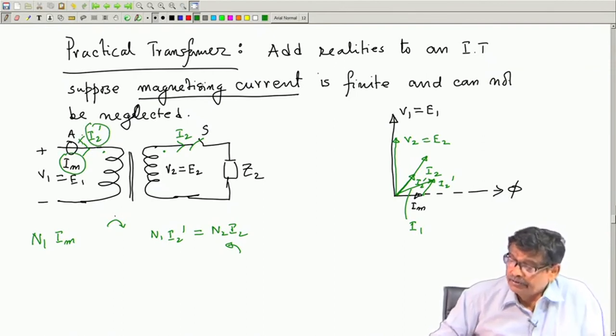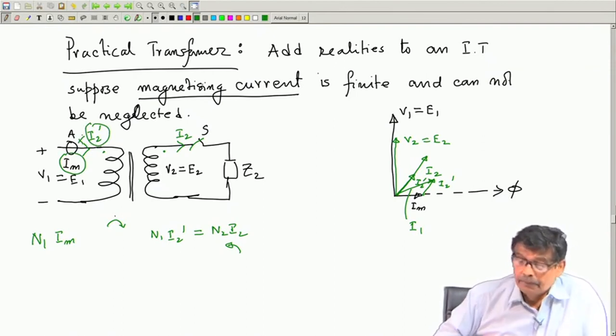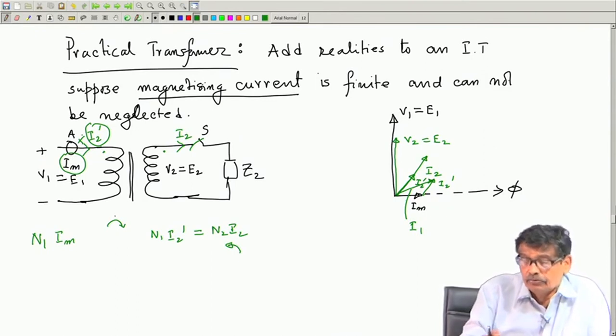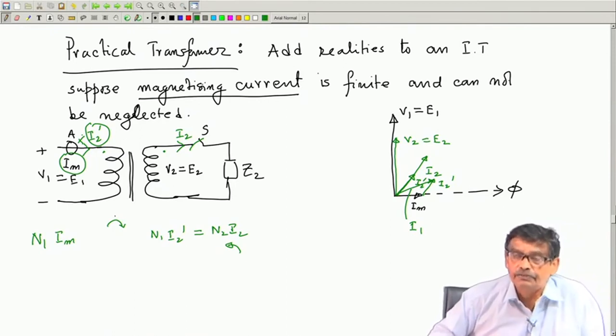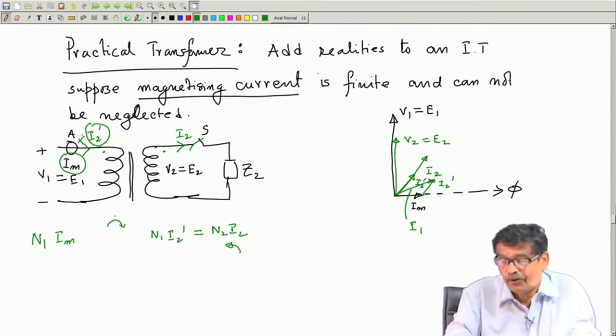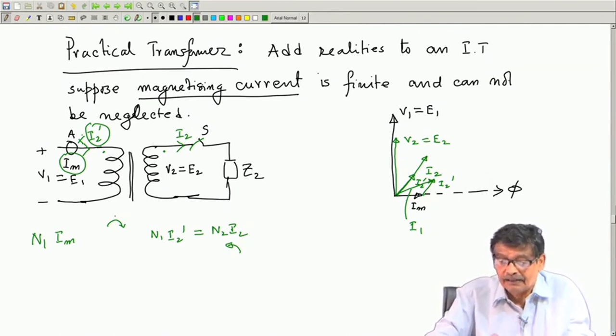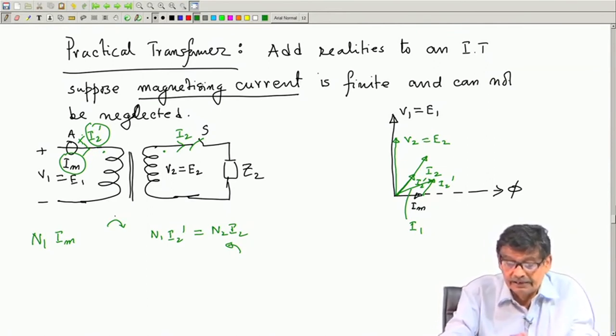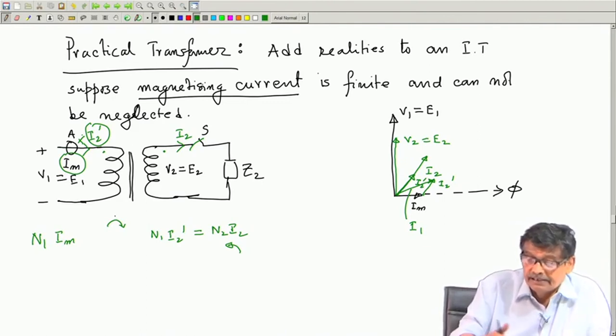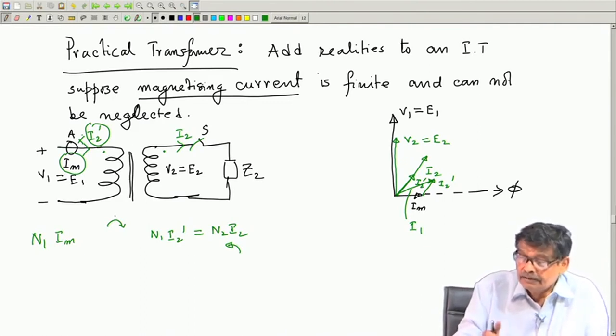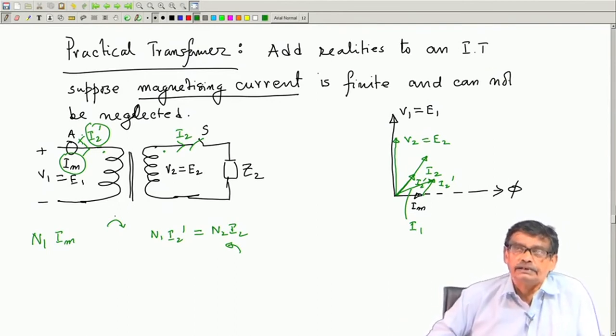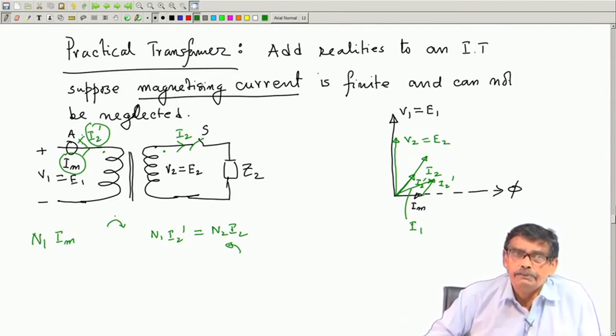Now, the question is, okay, this is fine, but how to model this, how to put this into an ideal transformer? I should add something to the ideal transformer, so that whatever is happening in this transformer is correctly modeled. What do I mean by modeling?